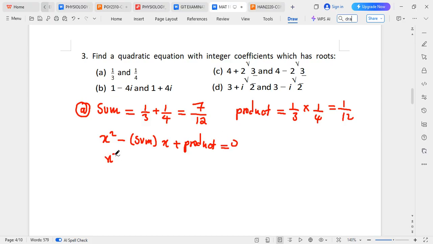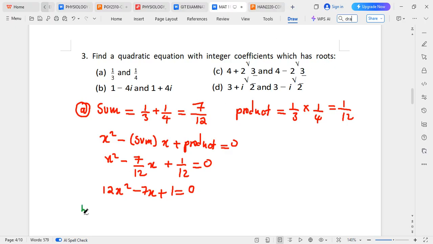So this will be x squared minus 7 over 12 x plus 1 over 12 is equal to 0. If I multiply this equation throughout by 12, it becomes 12x squared minus 7x plus 1 is equal to 0. If I leave it on the other step on top, I'll still get all the marks.